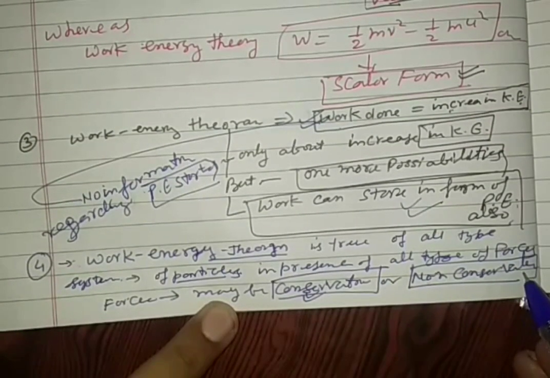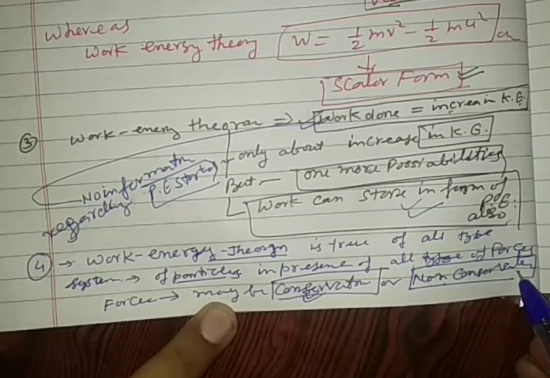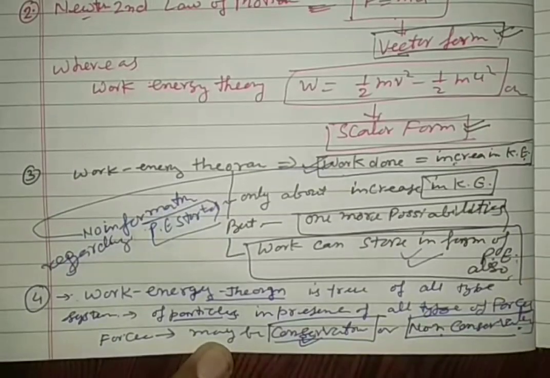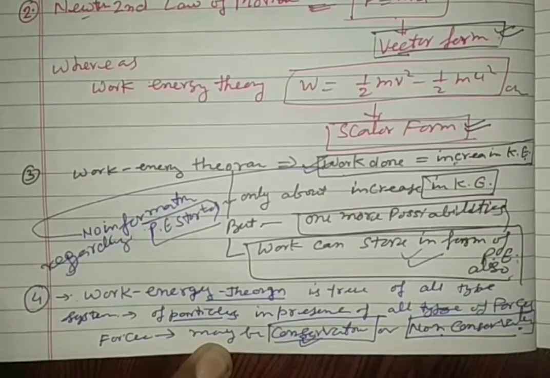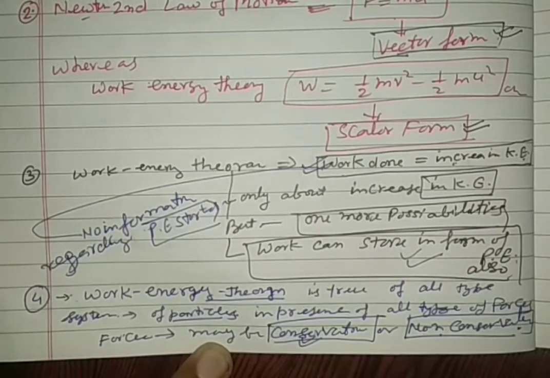In non-conservative forces, net work done is dependent on the path adopted, but it is independent of initial and final points. So this is about the work energy theorem for today. I hope you are able to understand each and every point of the work energy theorem explained here in the derivation.